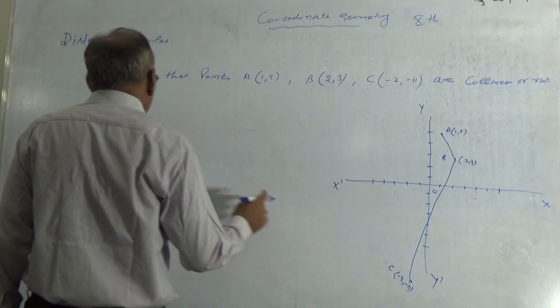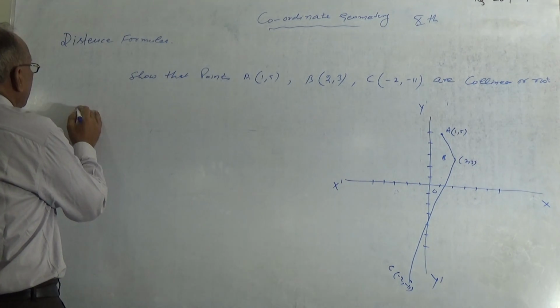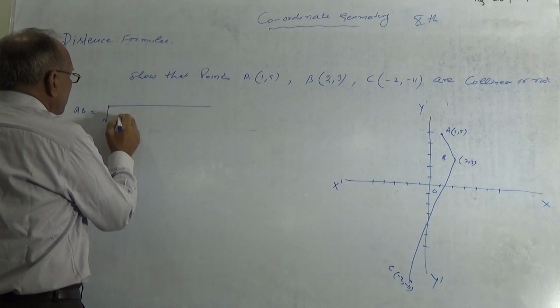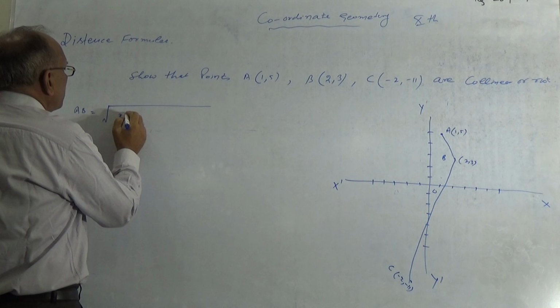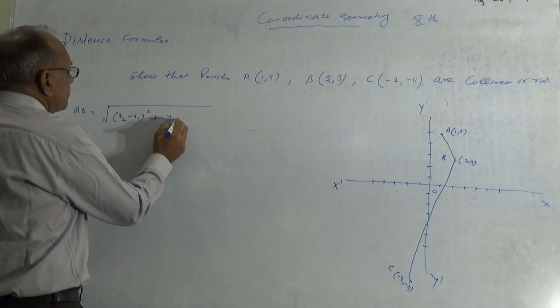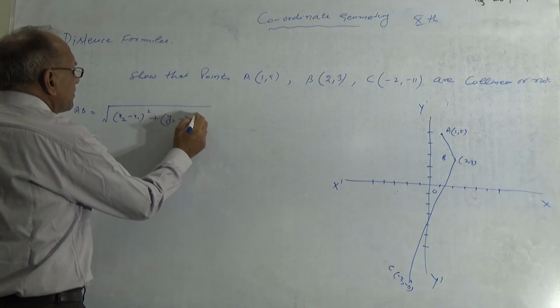But firstly we have to find the value of AB with the help of the distance formula, square root of (x2 minus x1) square plus (y2 minus y1) square.